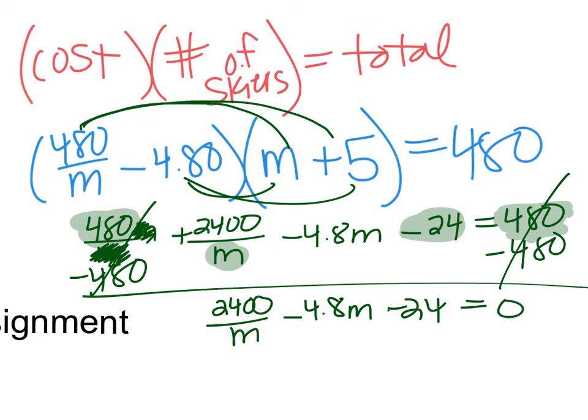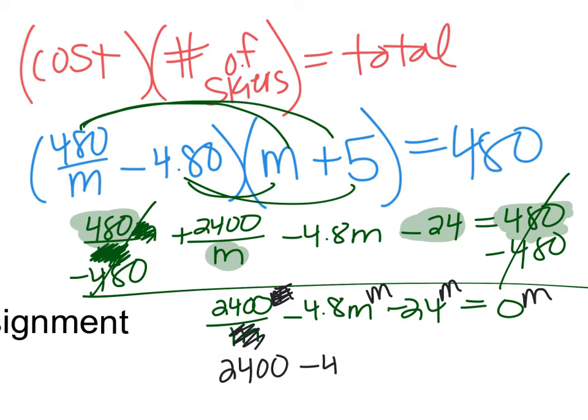So there's fewer terms. And now, taking care of that M out of the denominator, let's multiply everything times M. So multiply times M, times M, times M. And the 0 times M is going to be 0. So again, here the M's cancel, so we're left with 2400.